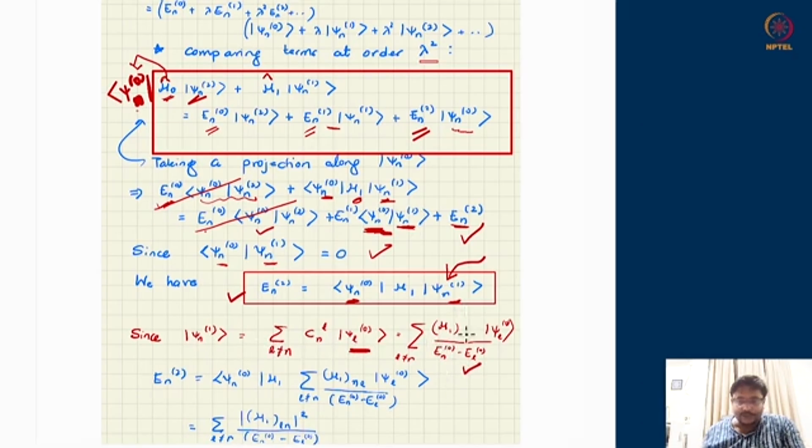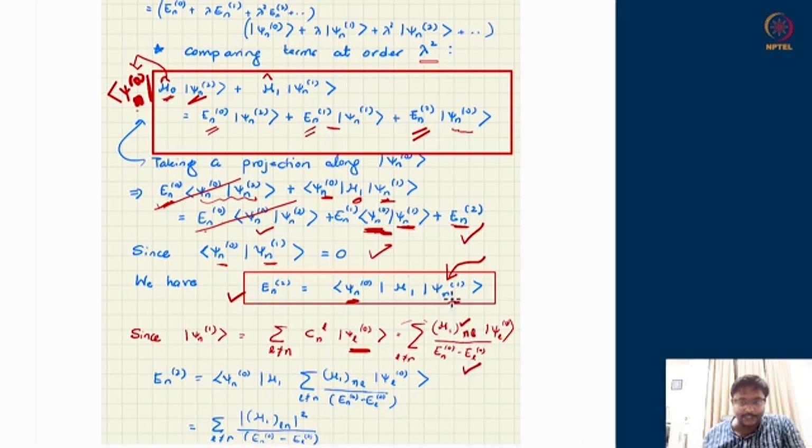So this is psi l0 in the product. These CNLs are the off diagonal elements of the perturbation Hamiltonian squeezed between n and l from left and right, with the energy difference in the denominator.